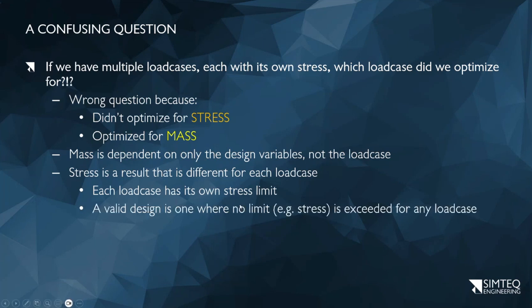There may be additional limits. But a valid design, in other words, is when none of these limits for any of the load cases is exceeded. So effectively, we're not optimizing for a load case, we're optimizing for this part not to fail, and then find the minimum mass of the part which will not fail. And that's for any of the load cases. So another way of saying it, find a valid minimum mass design.